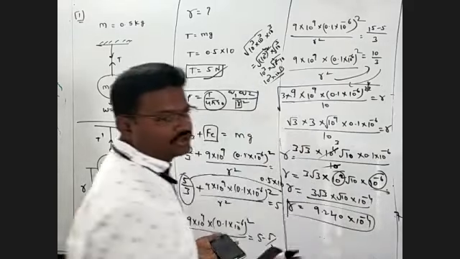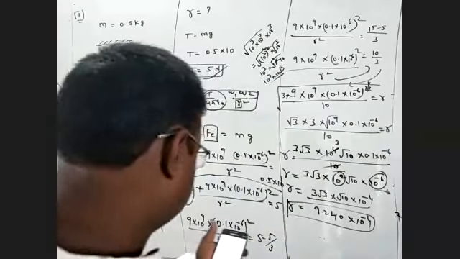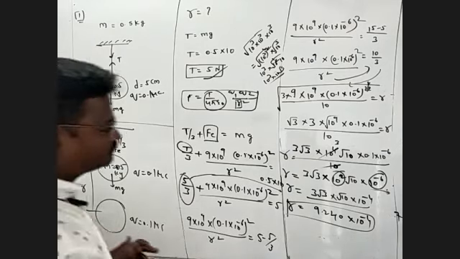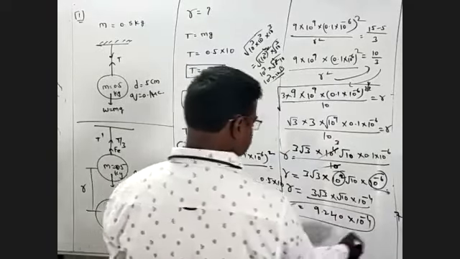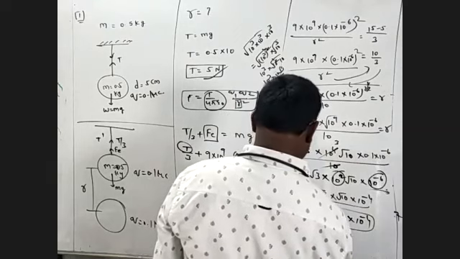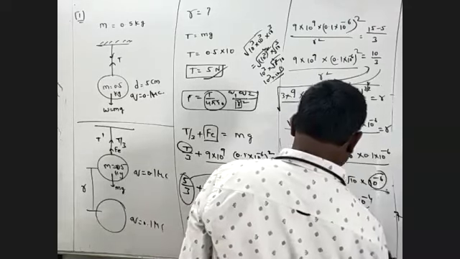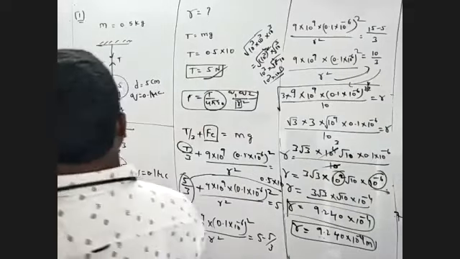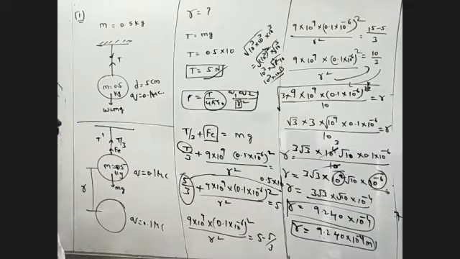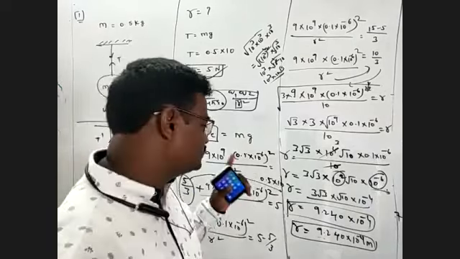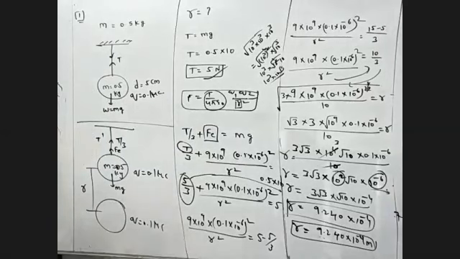This is the value, but it is not in your options. So r is equal to 9.240 into 10 power of minus 4 meter. This is your answer. Your question doesn't have this option. Okay, next question.